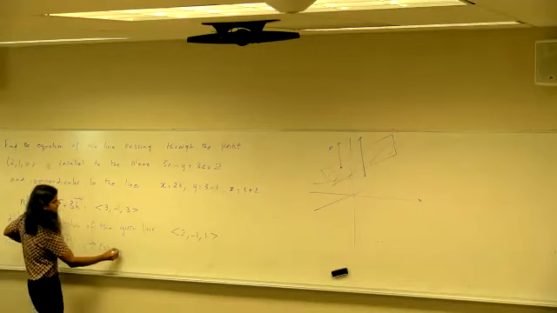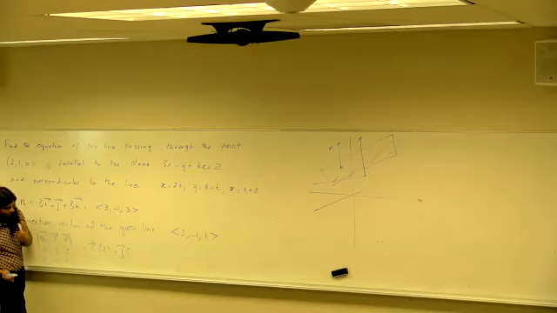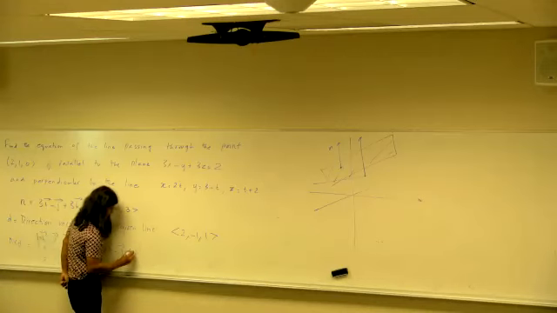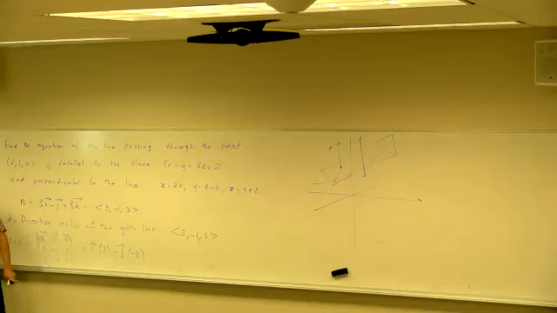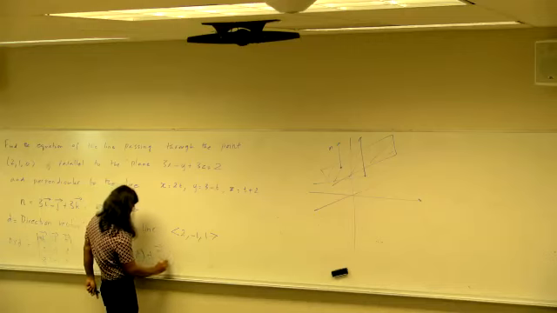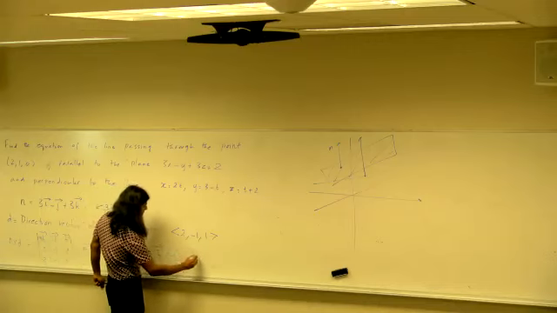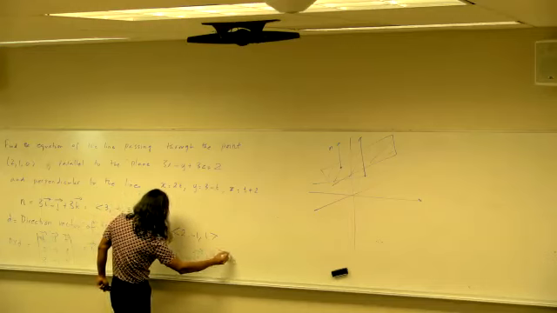Minus J vector, 3 times 1, 3, 2 times 3, 6, 3 minus 6, minus 3, plus K vector, minus 3, minus 2, but there is a minus in the middle, minus 3 plus 2, minus 1. So 2i vector plus 3j vector minus k vector.